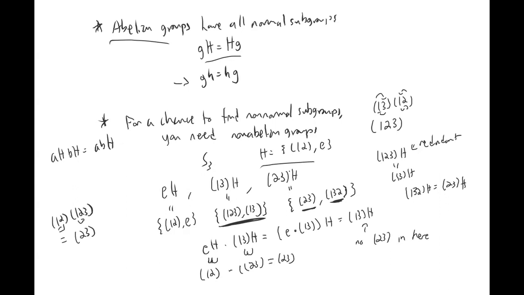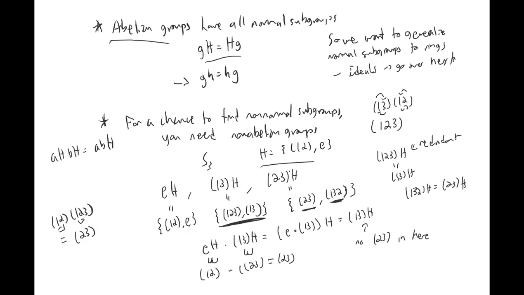So let me just end with one thing. We want to generalize normal subgroups to rings. And it turns out the right thing to consider is something called ideals, which we'll go over next time.